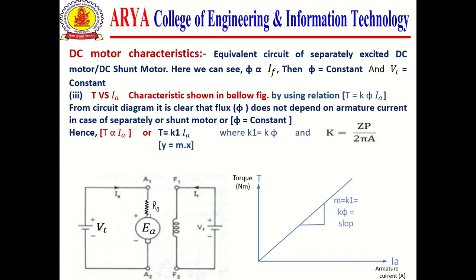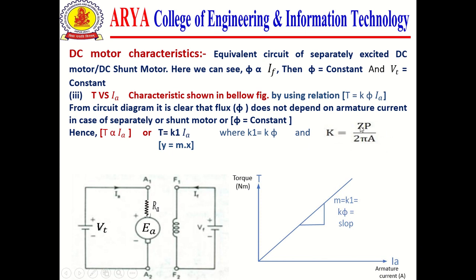Now comes the third characteristic, torque versus armature current. What is the impact if armature current increases or decreases? Here you can see from the relation of torque, T equals K phi Ia, where K equals ZP upon 2 pi A. This is the DC machine parameter.